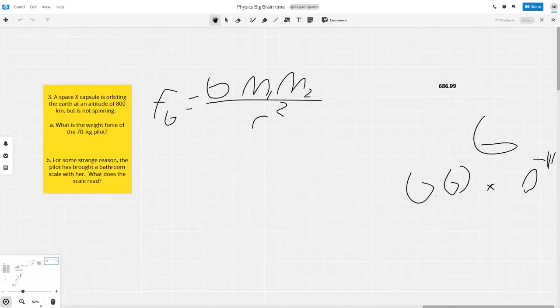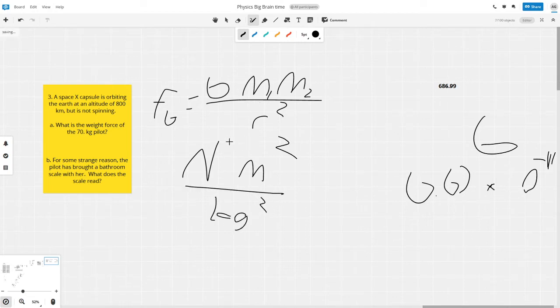Yeah, so the unit for the gravitational constant is newton meters squared per kilogram squared.